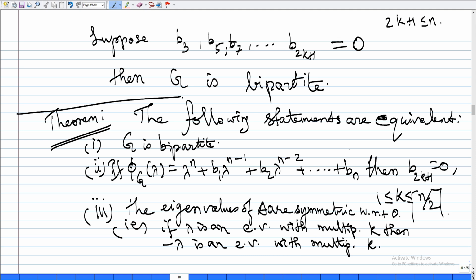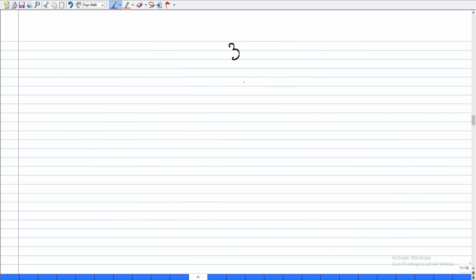Given a spectrum, the next problem we will see is, without looking at what kind of graph we are having, can I just tell by looking at the eigenvalues, this is the class of graph. Suppose I give you a spectrum like this.